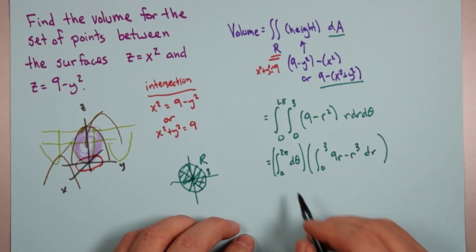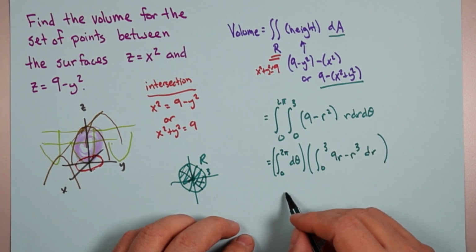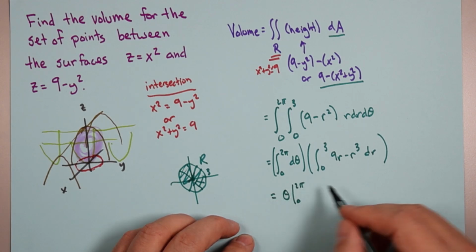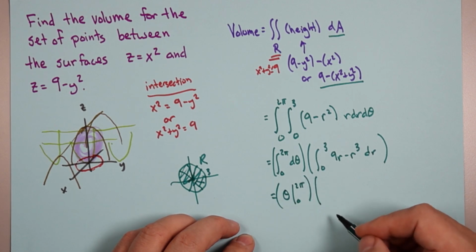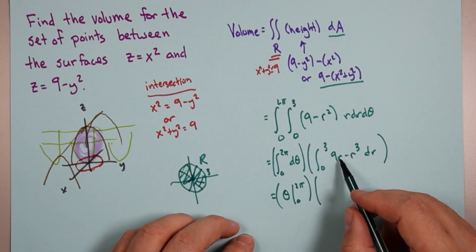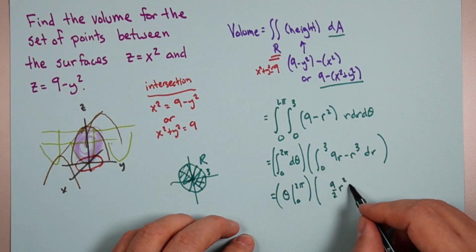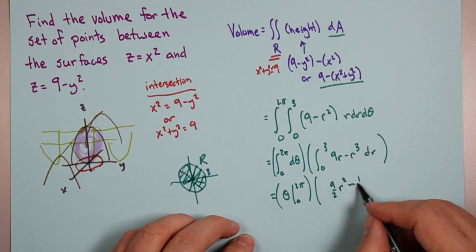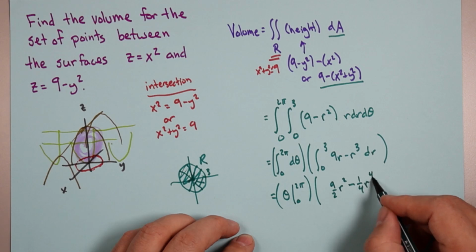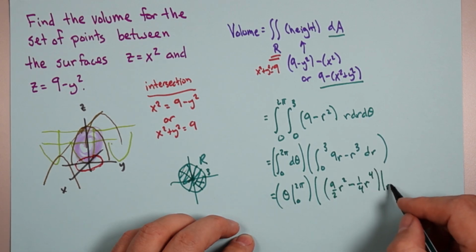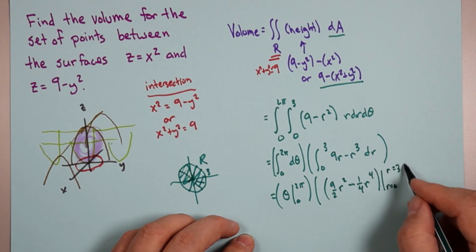All right, the first integral becomes theta, evaluated from 0 to 2 pi. And then for the second integral, we integrate and have 9 halves r squared minus 1/4 r to the 4th, and then we evaluate from r equals 0 to r equals 3.